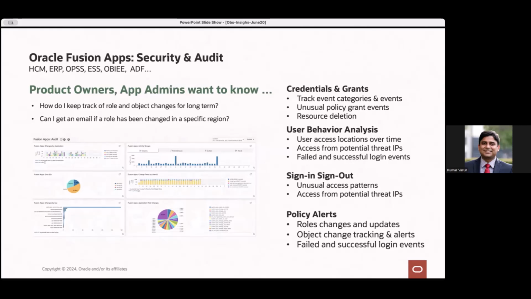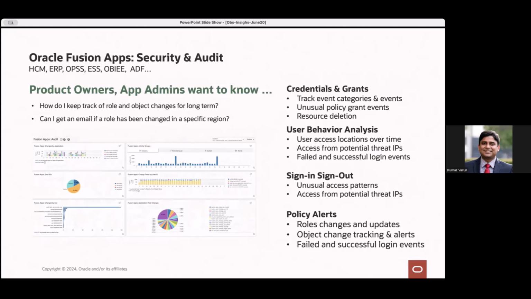outside of the Fusion Apps product. Even though we have all of these available in Fusion Apps, it's about having them in one place where you can correlate that with other IAM data, the user data, let's say Microsoft Azure AD or OIC and VB authentication. So credentials and grants, that's what you want to track. You want to track what the user behavior has been.